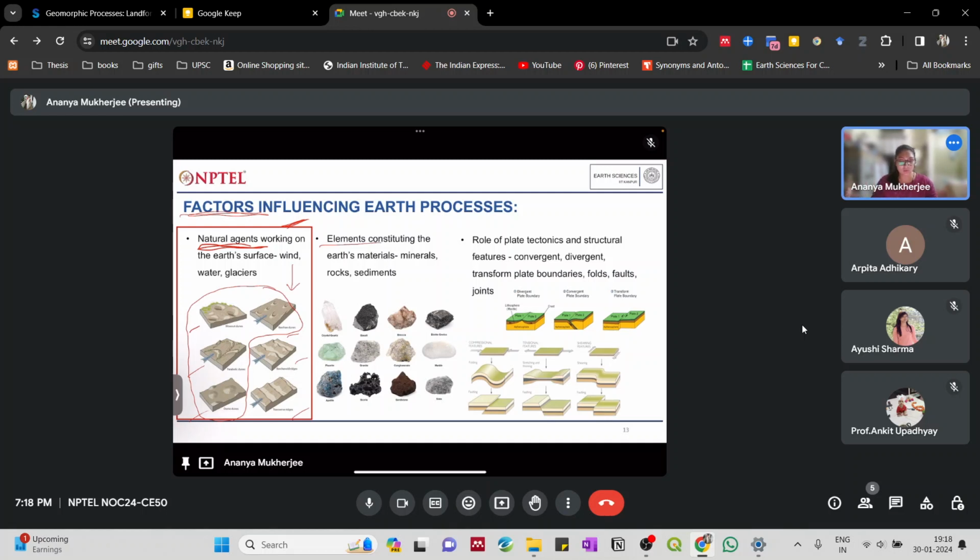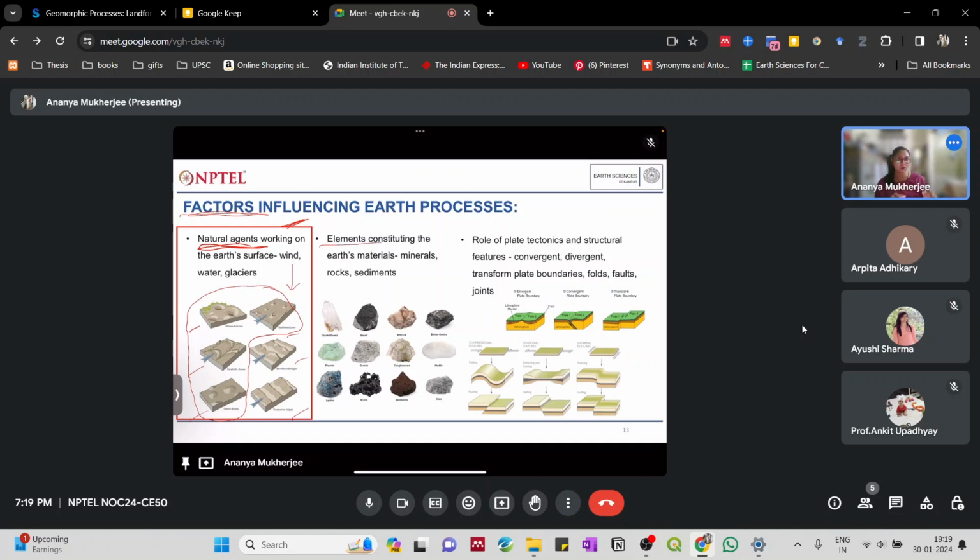Clay minerals can get weathered or disintegrate much faster than quartz. Any rock that is made up of mostly quartz will get weathered at a lesser rate compared to a rock which has more clay-type minerals in it.